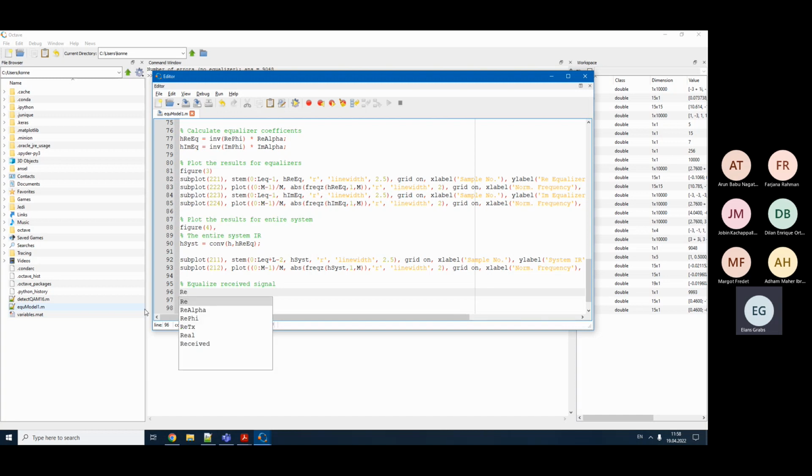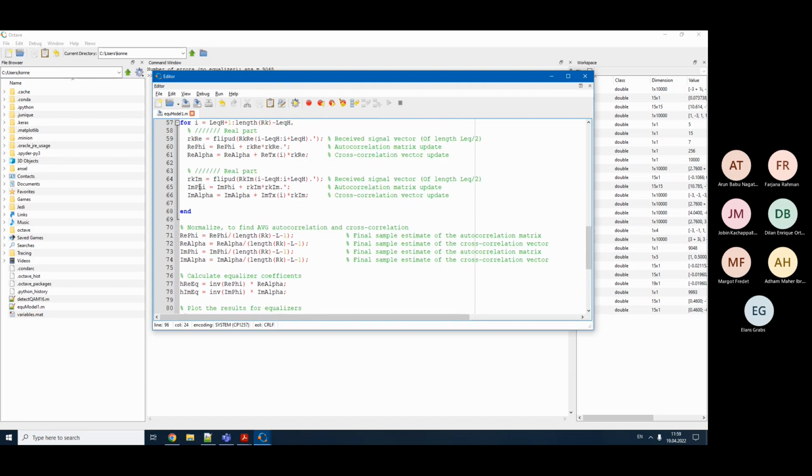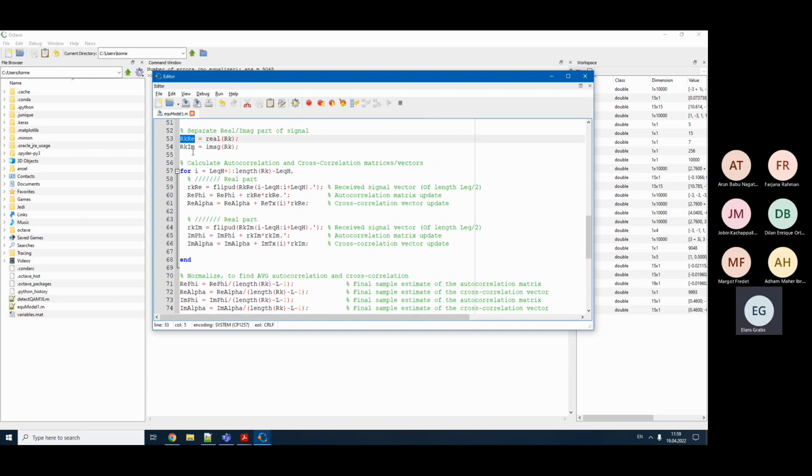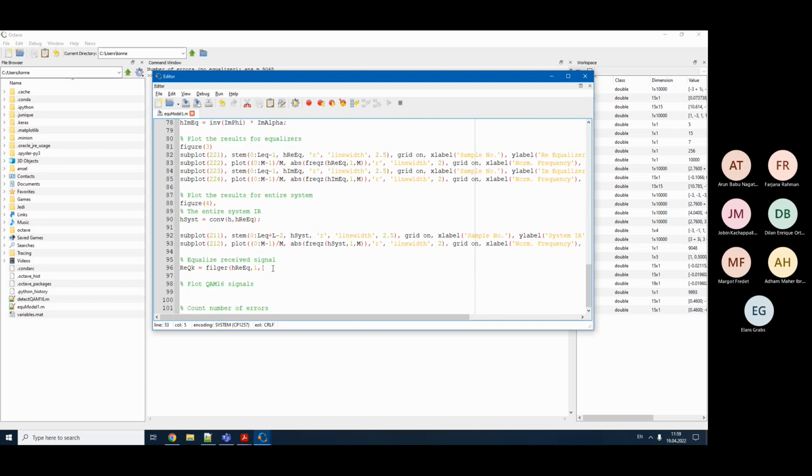That would be real part QK equal to filter. Here now we use H real EQ, one, and here we are going to use as the input RK real appended with zeros, 1 to LEQ half.